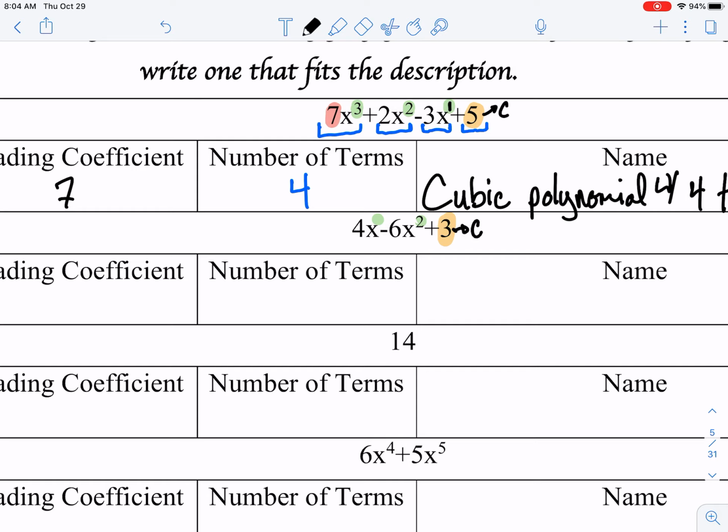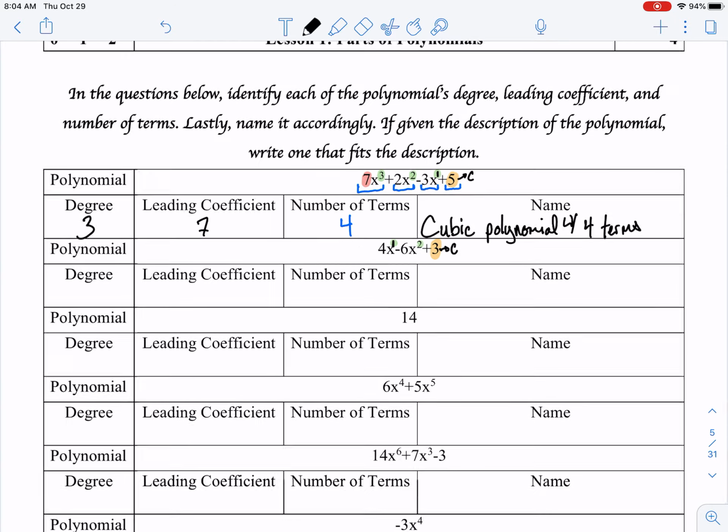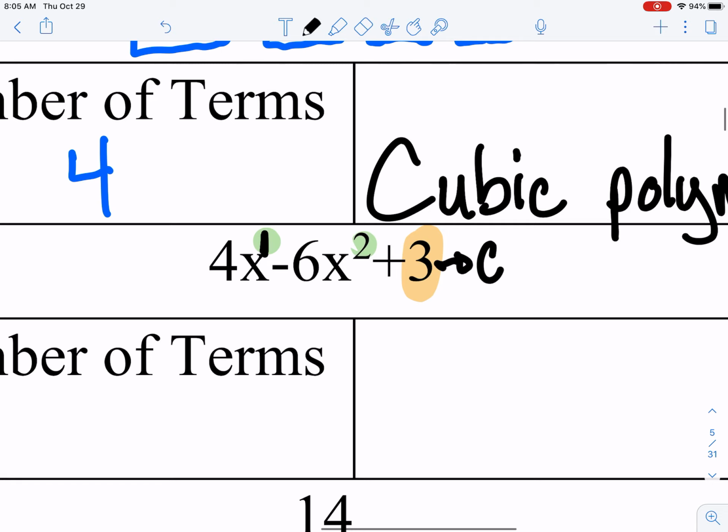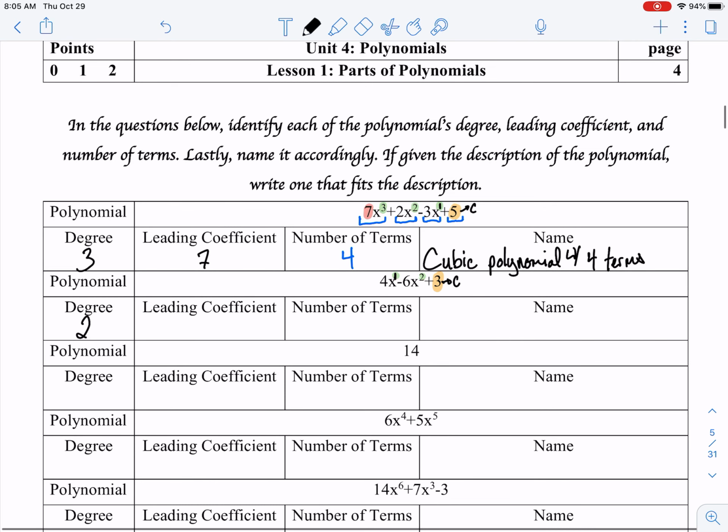If I look at my exponents here, I don't see 1, so it's okay to write a 1. Write anything to the first power is itself. So I have a 1 and a 2. 2 is the biggest exponent, so that means degree is 2. So if I look at this term, minus 6x squared, the number that goes with this 2 is 6, and it's a negative.